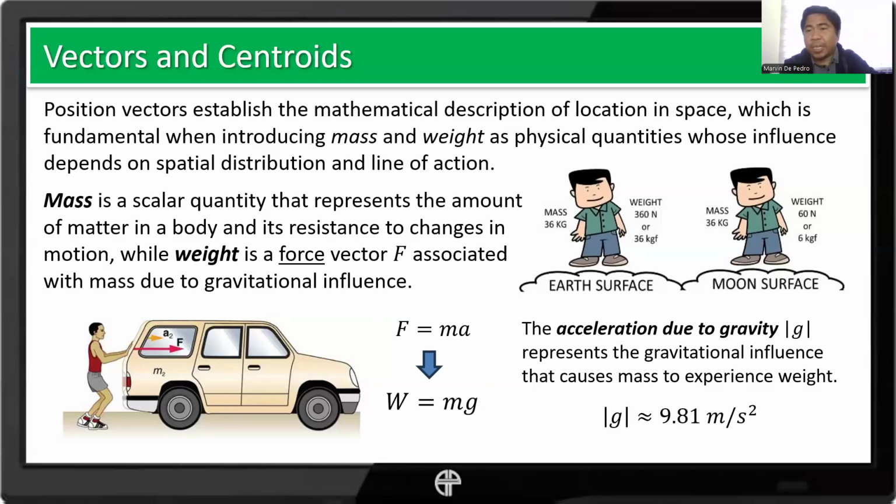Just like us, we have our mass, and the gravity acts on us with this acceleration. So for example, if your mass is 36 kilograms, you just multiply it by the gravitational constant, g. Force equals mass times acceleration is somewhat like weight equals mass times g.